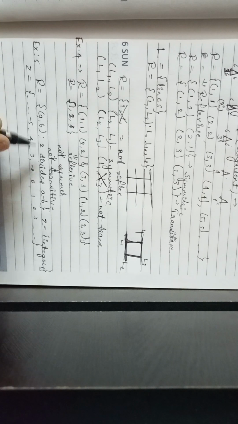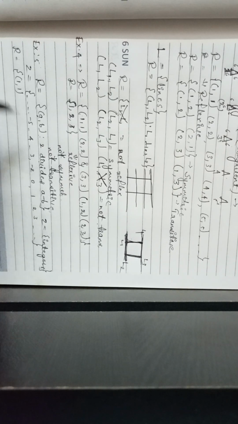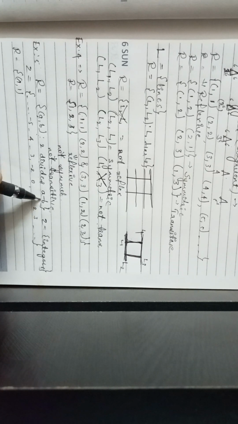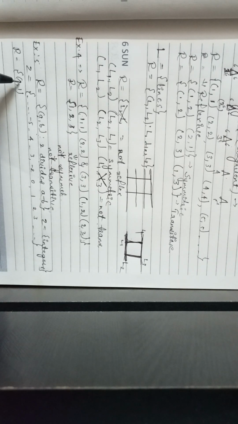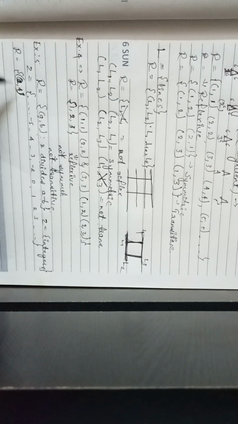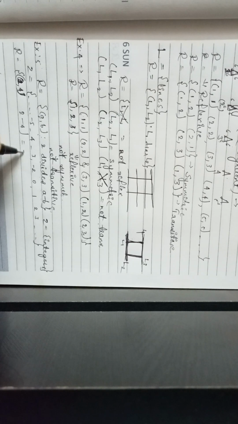Now I have to define the relation R. Can I write 1 comma 1? Yes, I can. Now I have to match this to the relation 2 divides A minus B. So I can write 2 comma 4. When I do 2 minus 4, it will be minus 2.